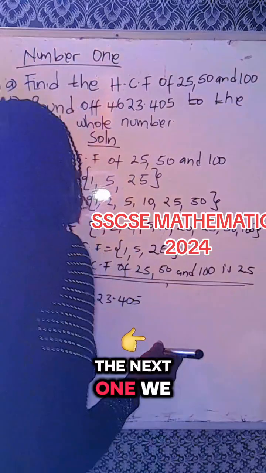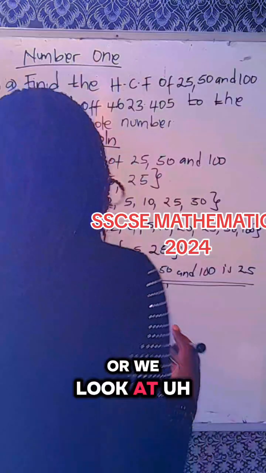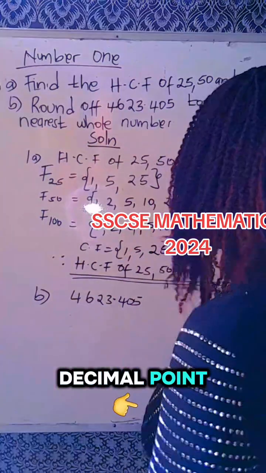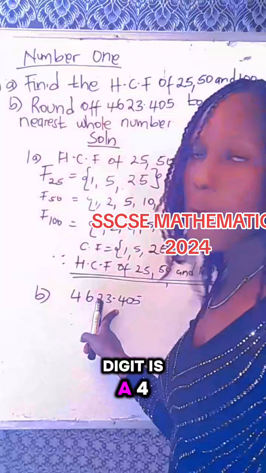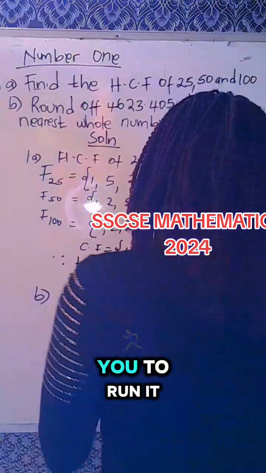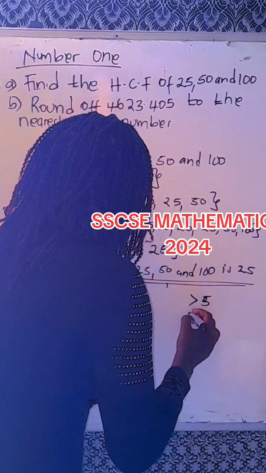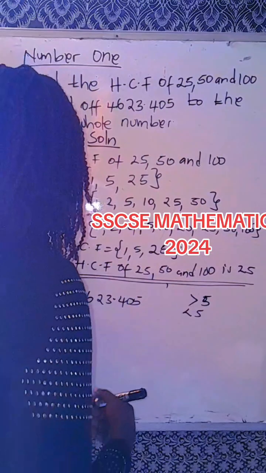The next one, we look at the digit in the tenths place, or the first digit after the decimal point. After the decimal point here, the first digit is a 4. In order for you to round it up, it has to be 5 or greater. When it's less than 5, you don't round it up.